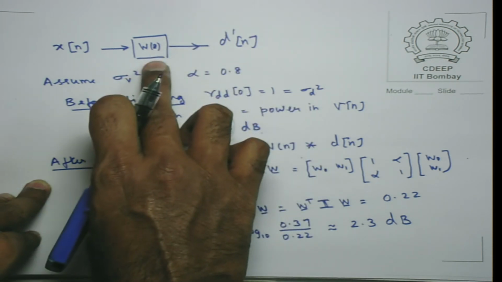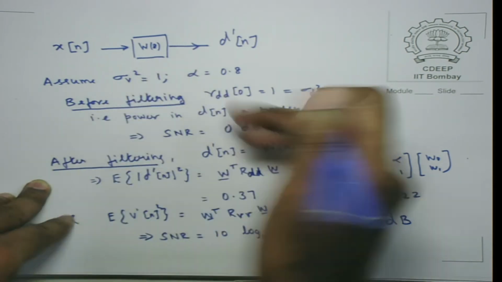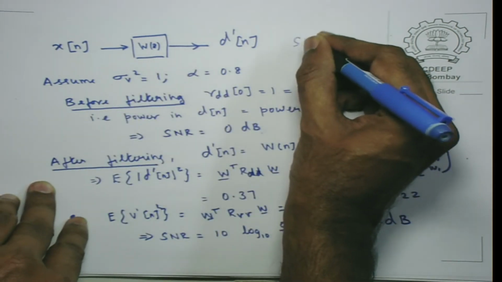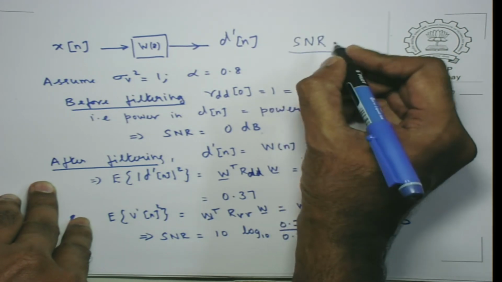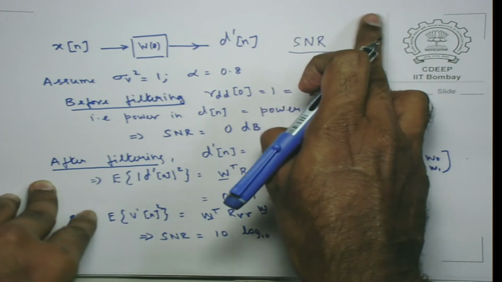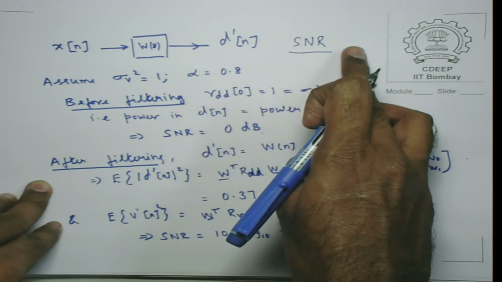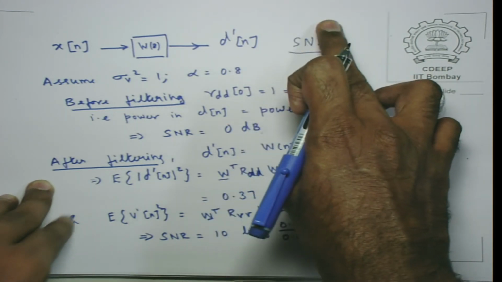That is what the filter is supposed to do if it is going to minimize the noise power. So it is useful to think of the signal to noise ratio, which is the ratio of the signal power to the noise power. If we reduce the noise power, the SNR will increase.